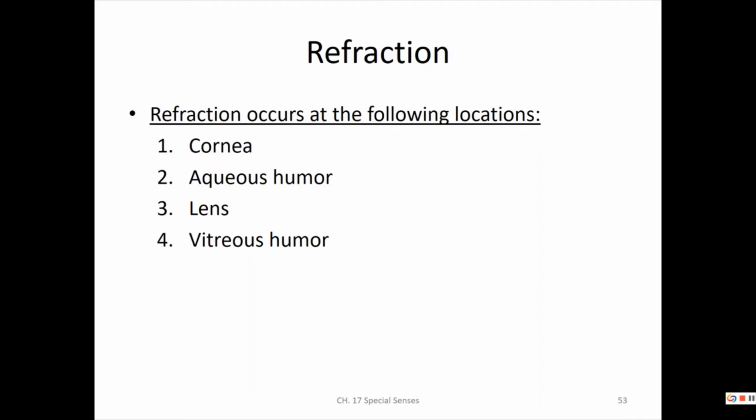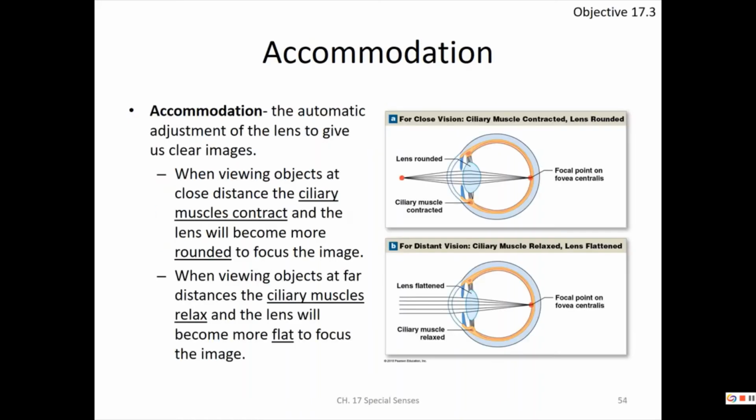What we just drew out together is accommodation. Accommodation is where the body automatically adjusts the lens's thickness to give us clear images even if something is distant or close. When something moves in close, remember a close object has a greater focal distance.